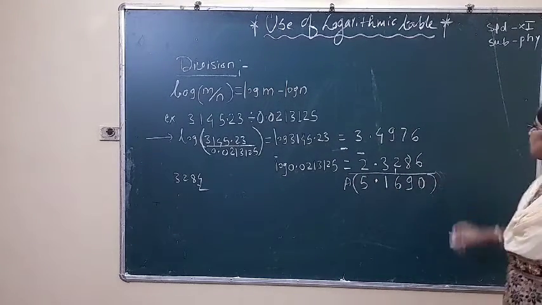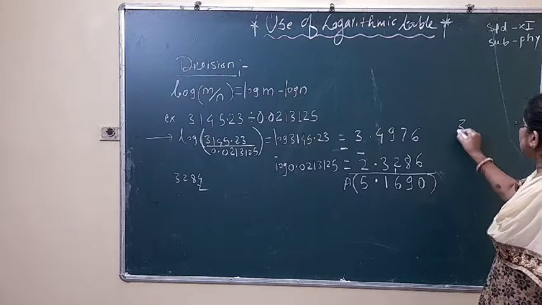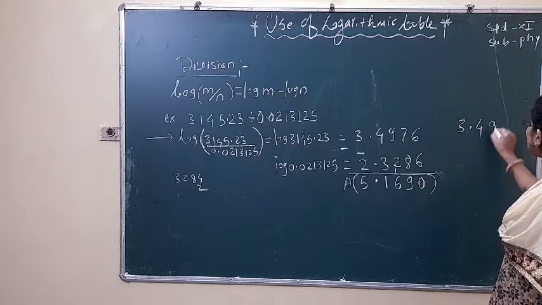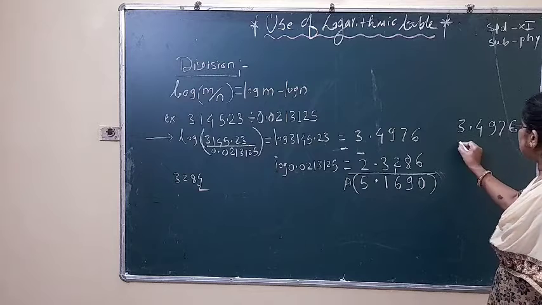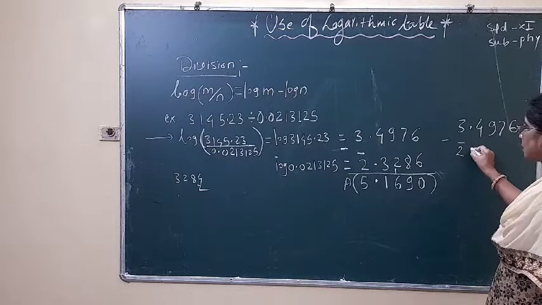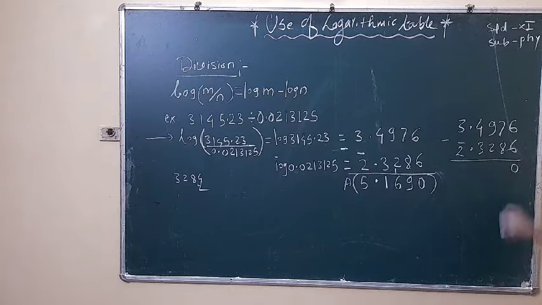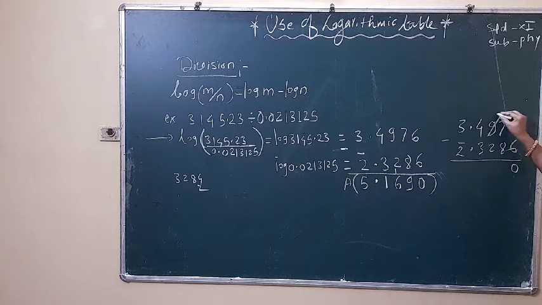By the new method of subtraction: 4976 minus 3286. Borrow 1, it becomes 10, borrow here, then it becomes 8, and 17 minus 8, 9.